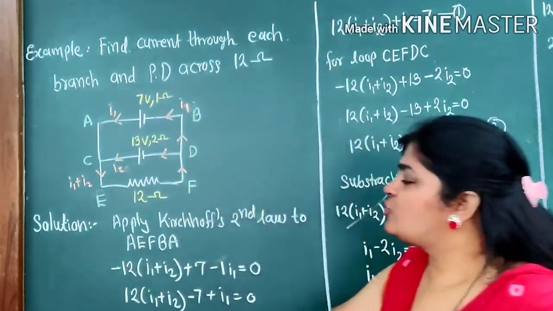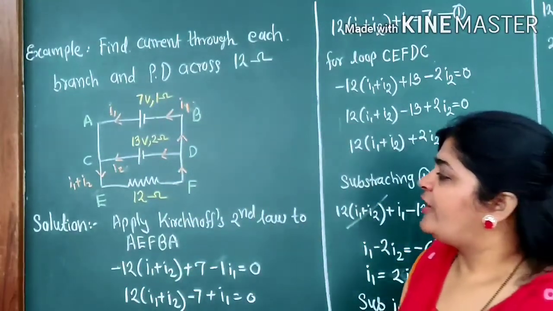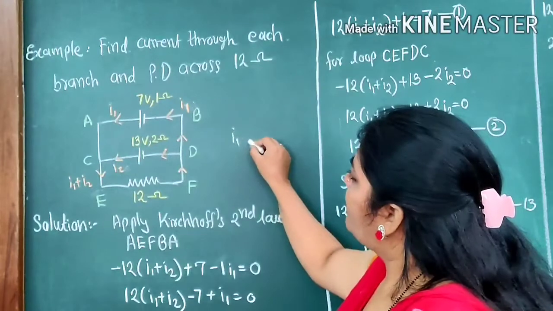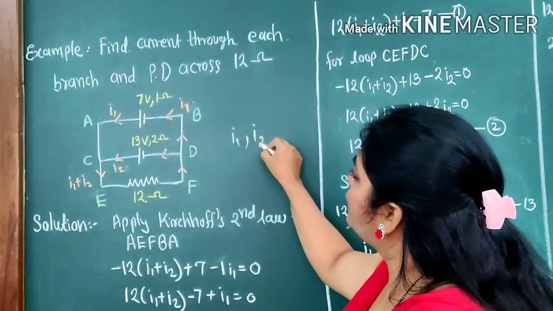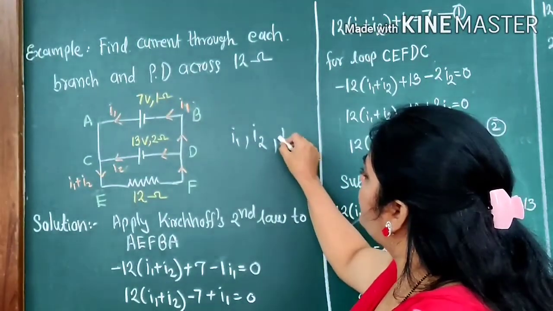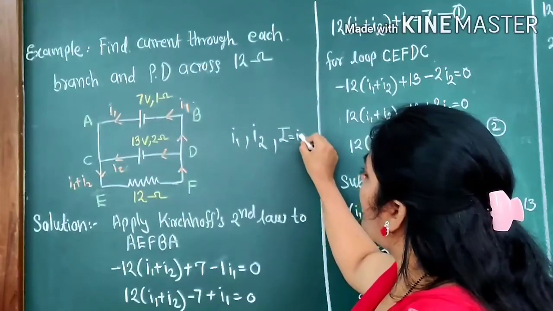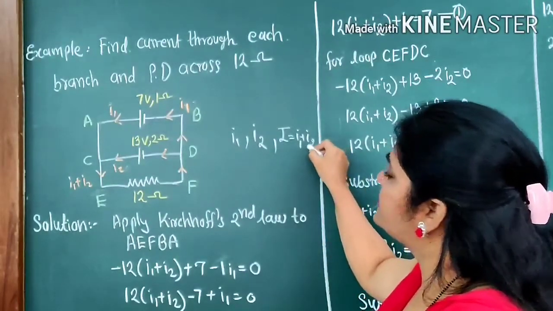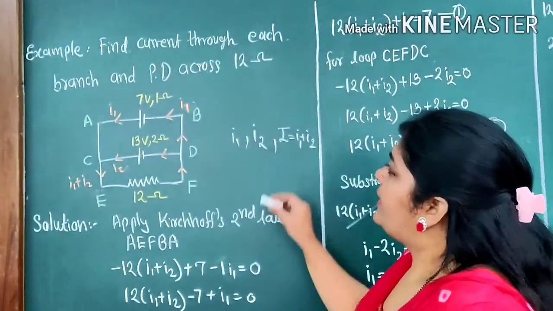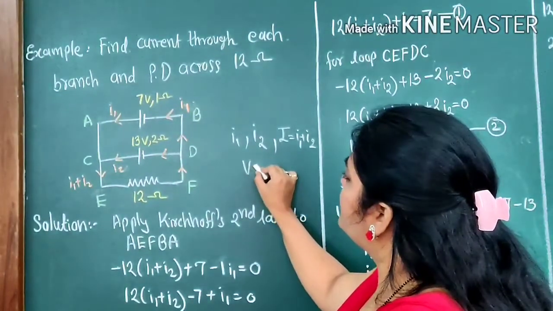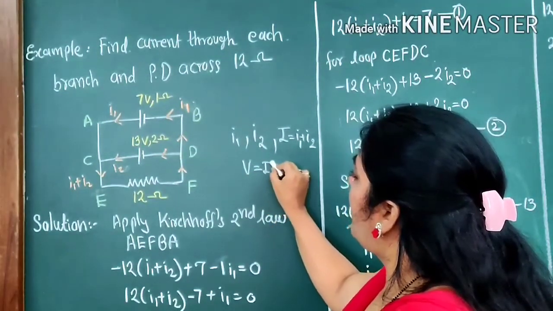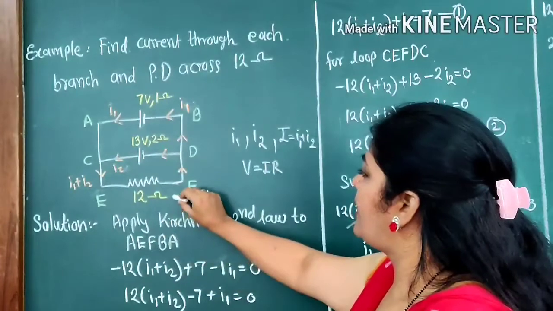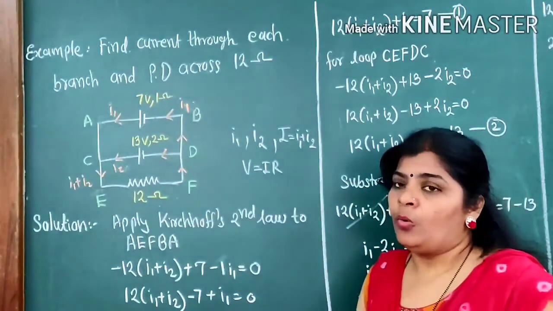Next, when solving this problem, we have to calculate the I1 value, the I2 value, then the total I, that is I equals I1 plus I2. Next we calculate the potential difference, V equals I into resistance, across the 12 ohm.